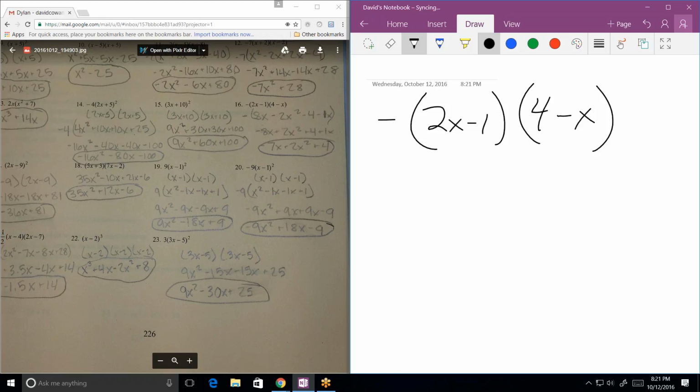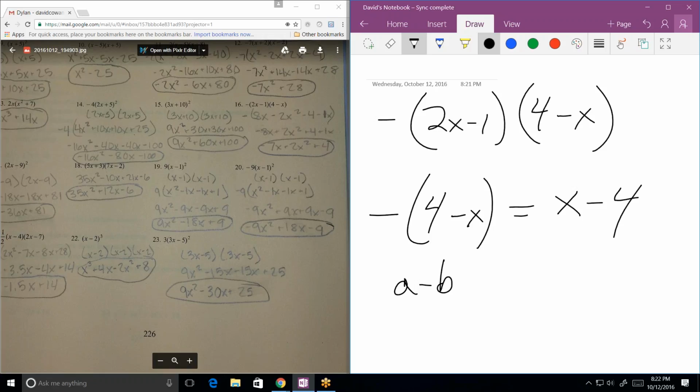So how would we switch that? If we wanted to make that look more normal, notice that if I take that minus sign, what is that equal to? That's equal to x minus 4. Yeah, exactly. A minus b is always equal to the negative of b minus a. Useful thing to know.